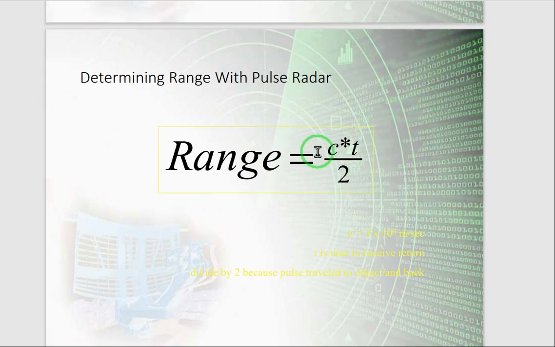Here C is the velocity of the wave, that is 3 × 10^8, and T is the time from the source to the object and back to the source. This whole cycle time is used in the formula, and it is divided by 2 as the pulse has to go two ways, from source to object and from object back to the source.